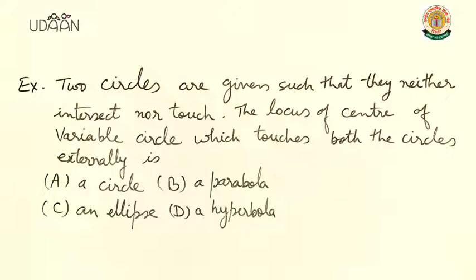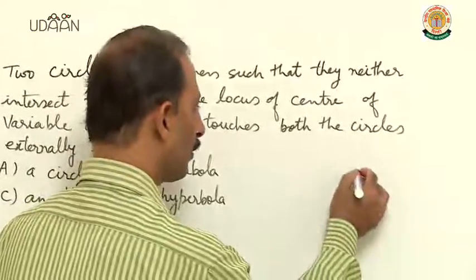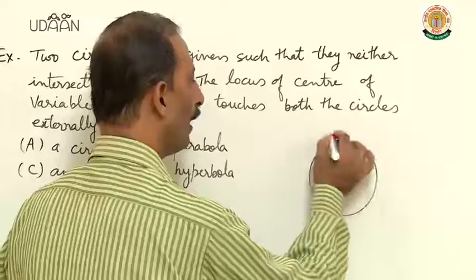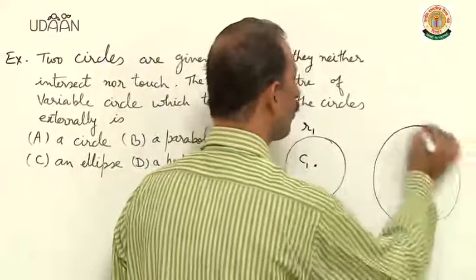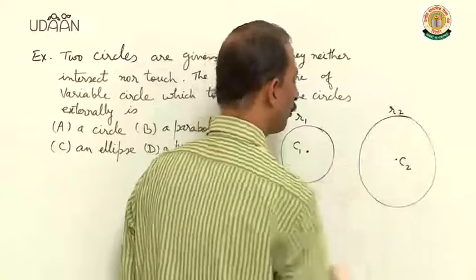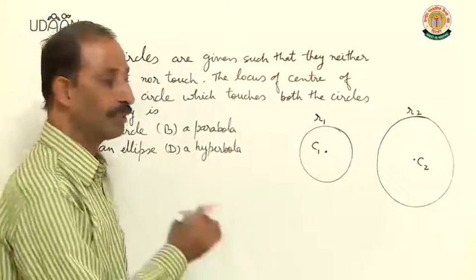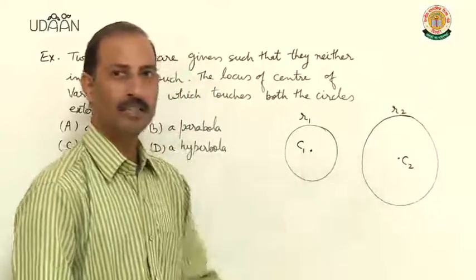So let us see, I am drawing this diagram. There are two circles. First circle whose center is C1 and radius I have taken as R1. Another circle whose center is C2 and radius is R2. So we have to find out the locus of center of the another circle which touches both the circles externally.